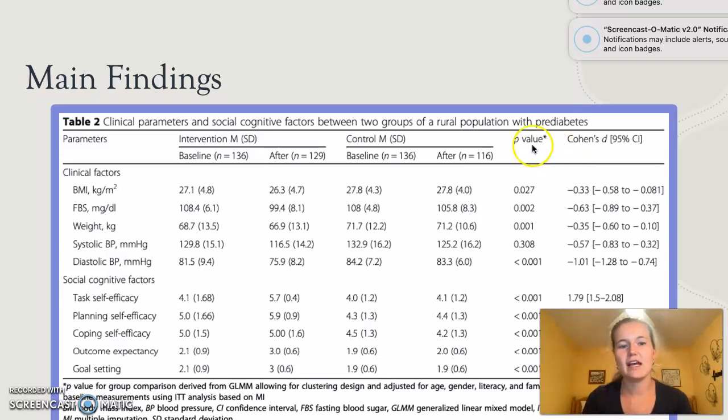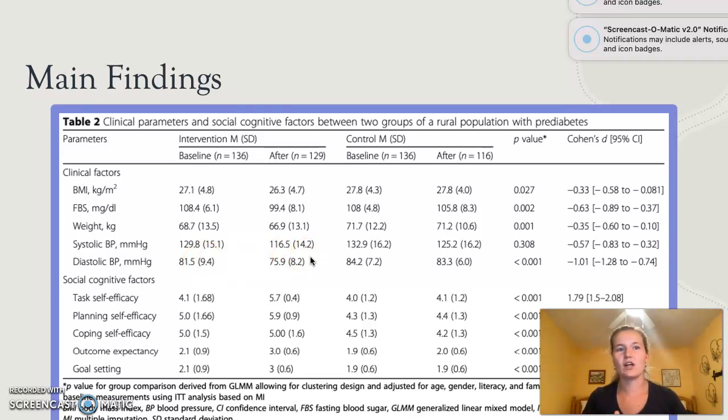So we can see this on the left side of table 2 under the intervention category. We can see a change from the baseline to after the 16 weeks. So BMI went down, fasting blood sugar went down, weight went down, and diastolic blood pressure went down, and those were all significant.